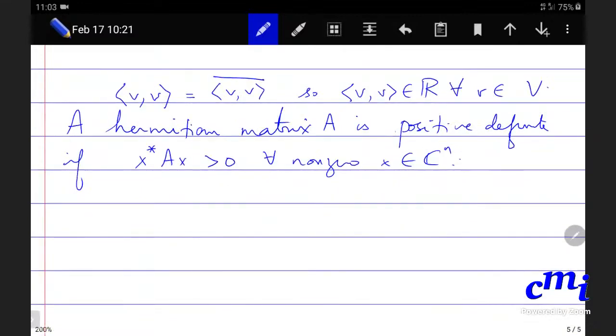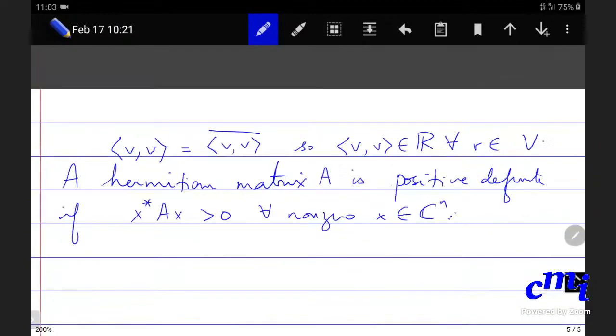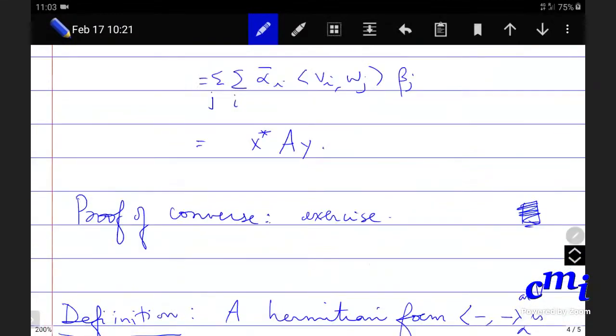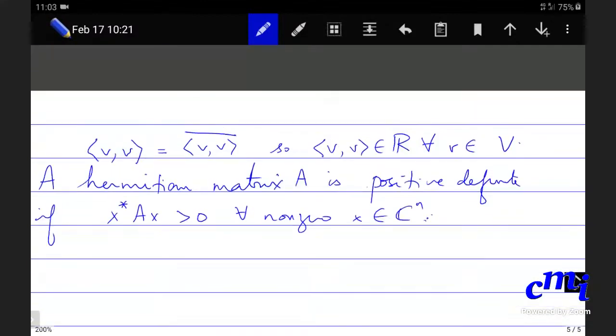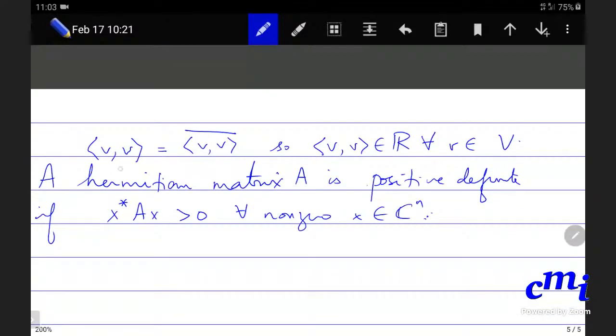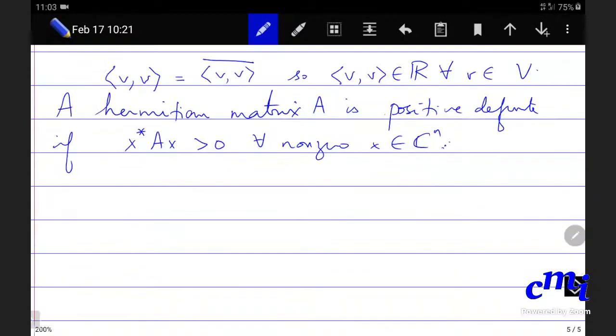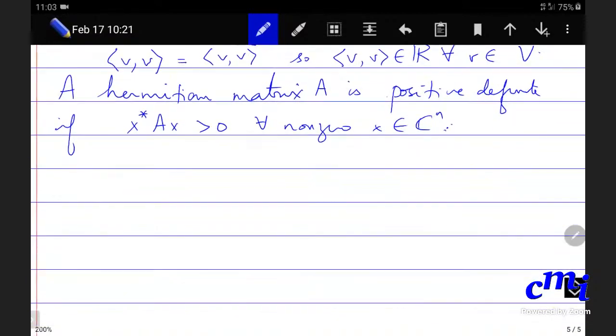So this is just a definition, and it follows from the previous proposition that a form is positive definite if and only if the corresponding matrix is positive definite. Maybe I'll just remark that, but leave the proof as an exercise.